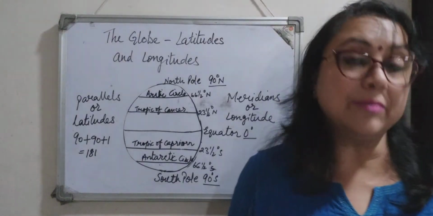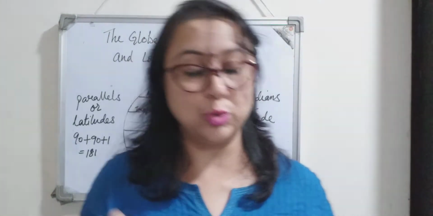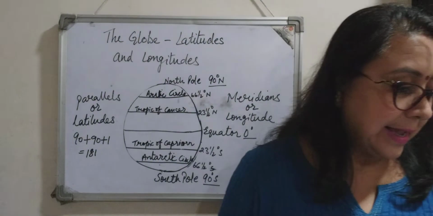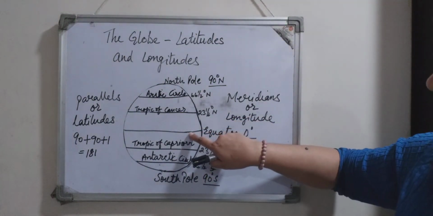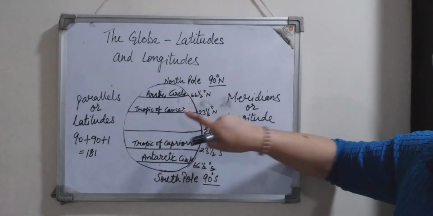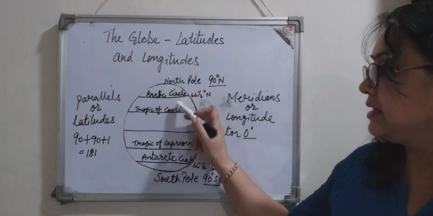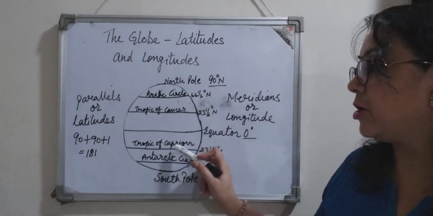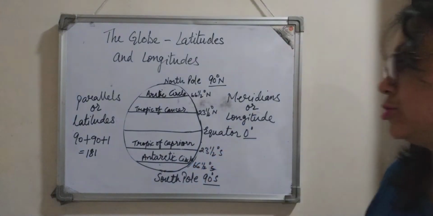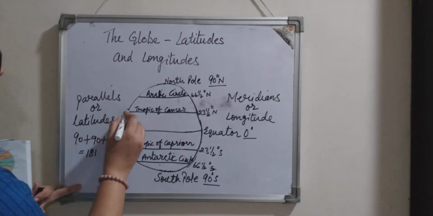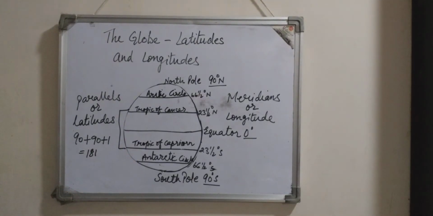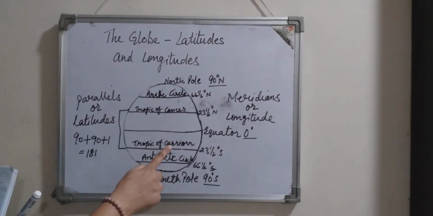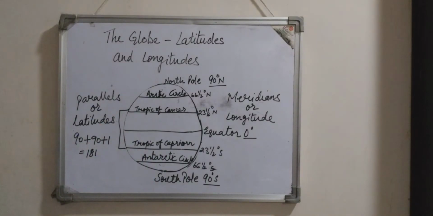Now let us talk about the heat zones. So the area lying between the equator and the Tropic of Cancer in the north and Tropic of Capricorn in the south. So we can take this area, that is the area lying between Tropic of Cancer and Tropic of Capricorn.